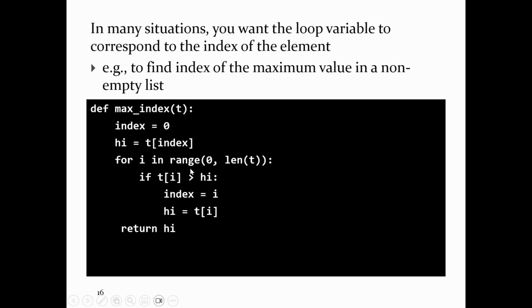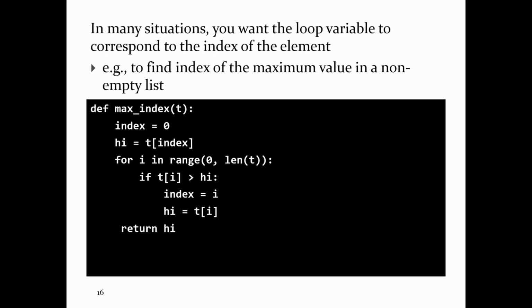So instead of a for each loop that looks at each element at a time, I want a for each loop that looks at each index at a time. When you do that, you use this thing called range. In Python, that looks like a function call, but it's not a function call. What's actually happening is you're making a range object that starts at 0 and goes up to, but not including, the length of t.